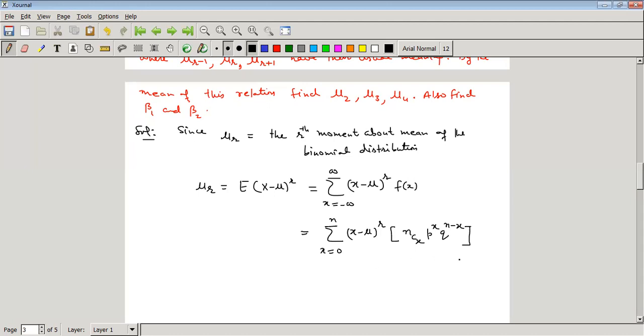So in the next step, we can write this as the summation x equal to 0 to n of (x minus mu). Mu is the mean of the binomial distribution, which is np.